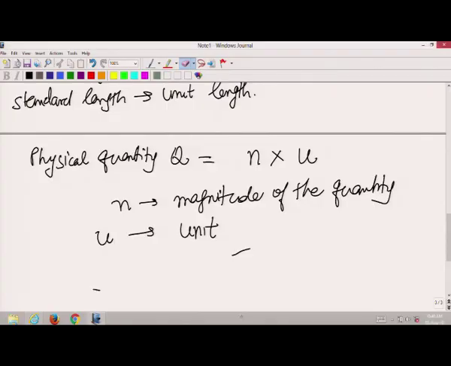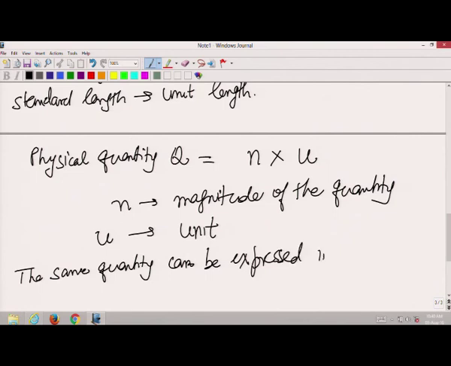So, what one can do is, the same quantity can be expressed in different sets of units.